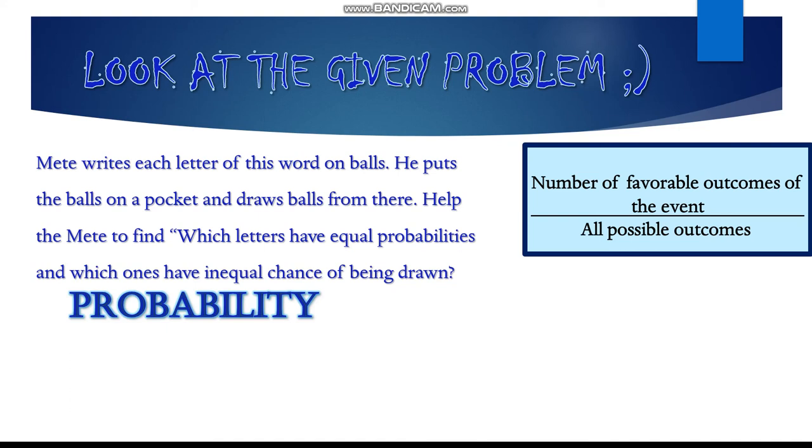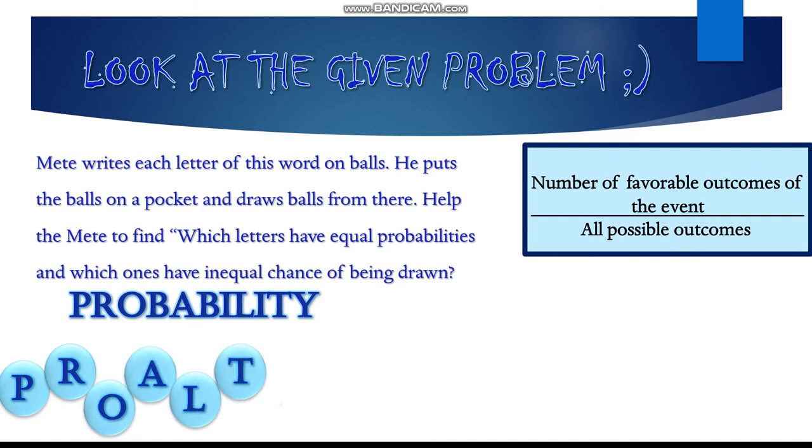to help Mete, we should think about the letters which are written. If we think about it, we can say that the letters which are written one time, or which are not repeated, are, yes, P, R, O, A, L, T, and Y. Also, there are some letters which are repeated, and they are repeated 2 times.